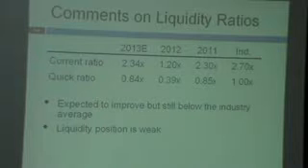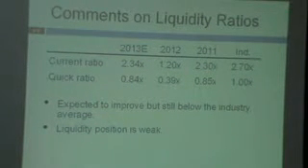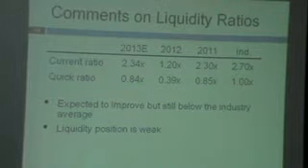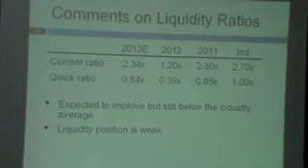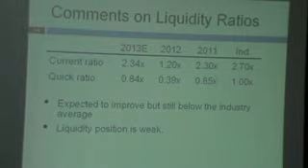But if we compare this 2.34 with the industry average, this company is below the industry average, because the industry average is 2.7 times. As far as the quick ratio is concerned, again 1 times is the industry average, and this company is below that, at 0.84.